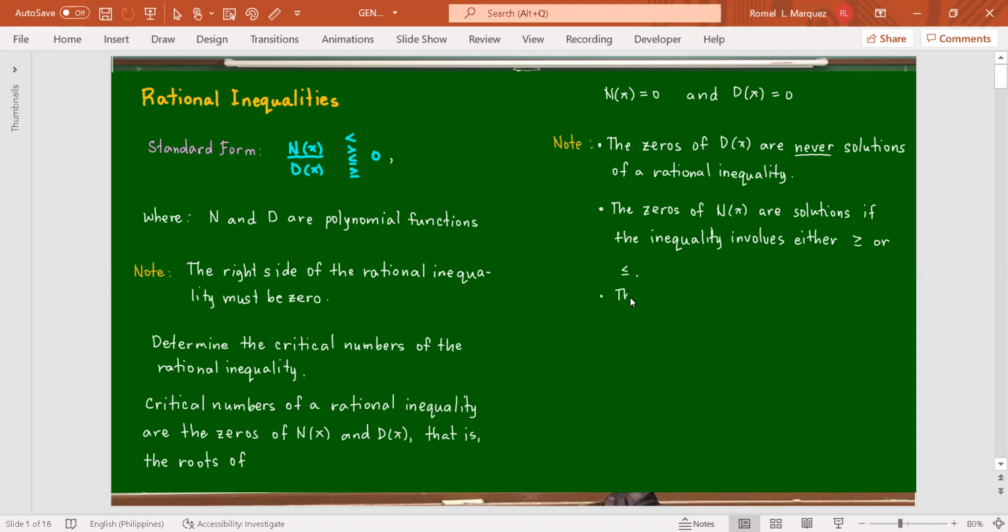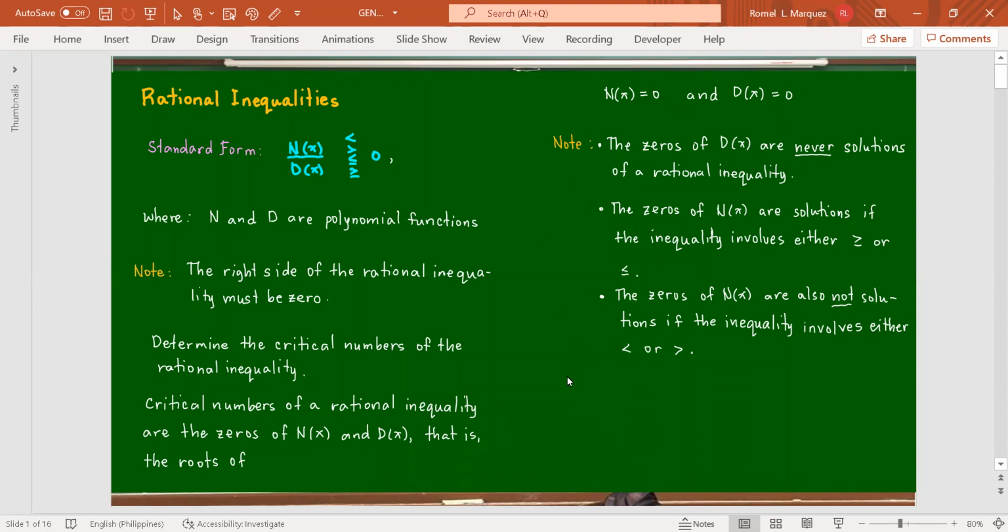Again, the zeros of the numerator are also not solutions if the inequality involves either less than or greater than. Is that clear? Any question with this, guys?